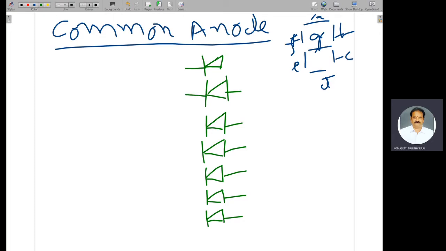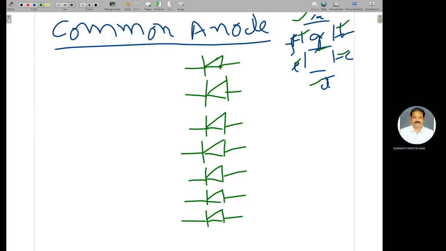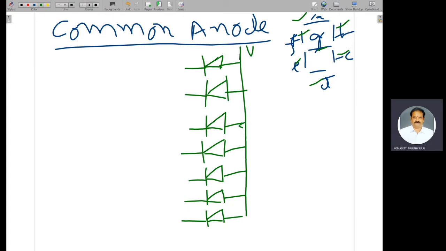These are the 7 LEDs for 7 segments. In common anode, all the anode connections are joined together and finally connected to VCC, that means 5 volts.